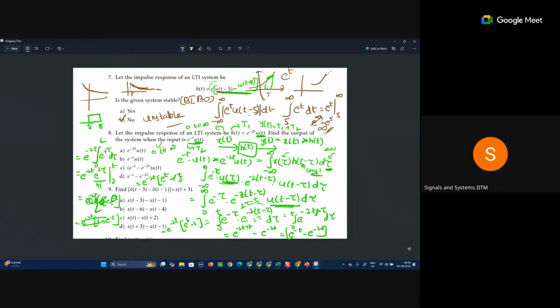If we add these, we have to add the lower limits and the upper limits. So as a result, the output will be from 0 to infinity. Am I clear now? Yes, ma'am. So it will be from 0 to infinity, and we will be getting u of t over here. Then it will be option C.